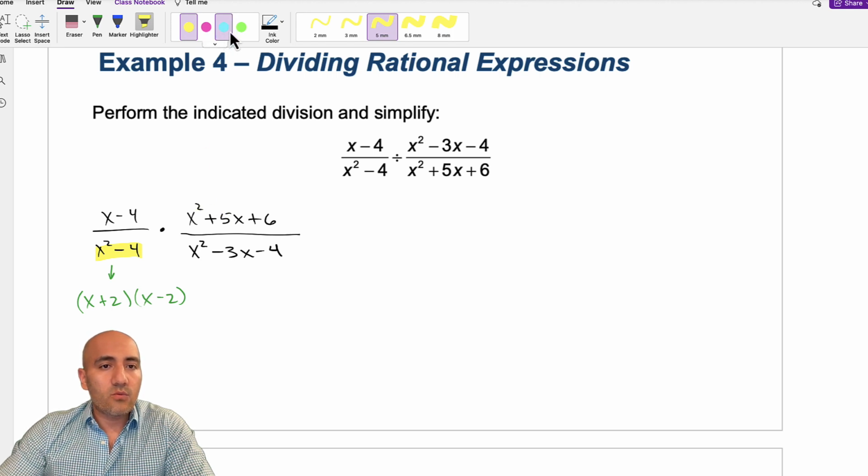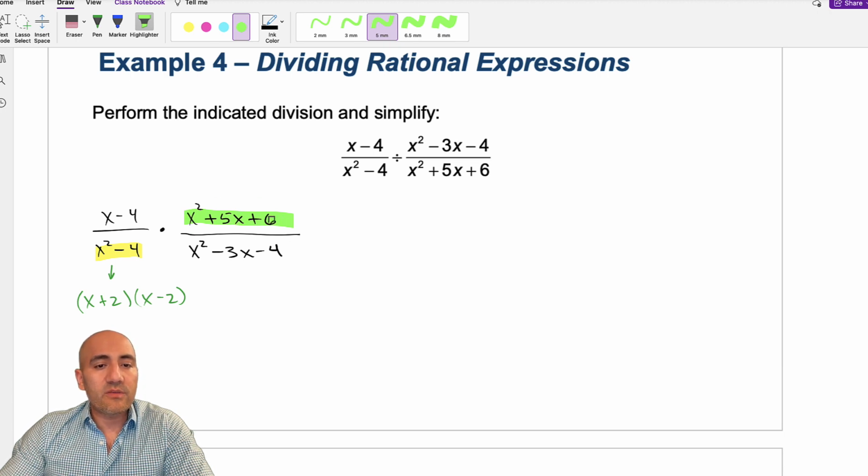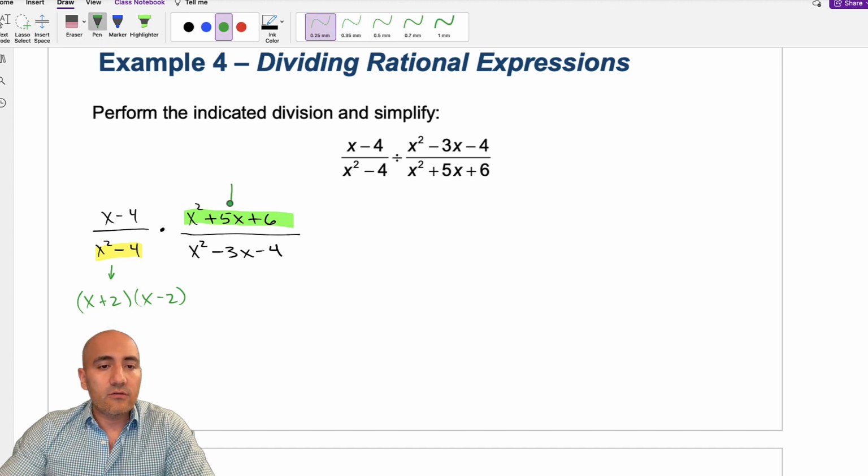What about this one? So we have a trinomial. Leading term is 1. So we need two numbers to multiply to 6 and add to 5. That's not difficult. So this one turns into x plus 3, x plus 2. Right? Guessing and checking will confirm that that's the way that factors.